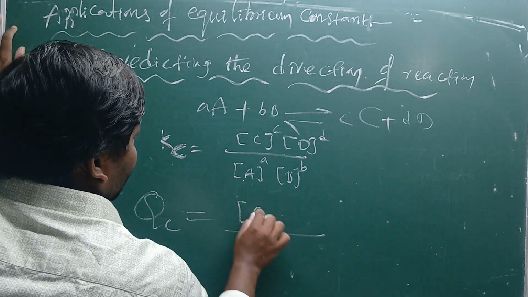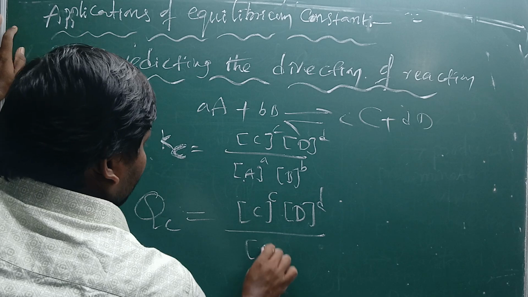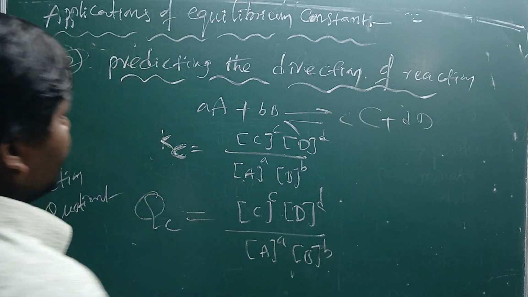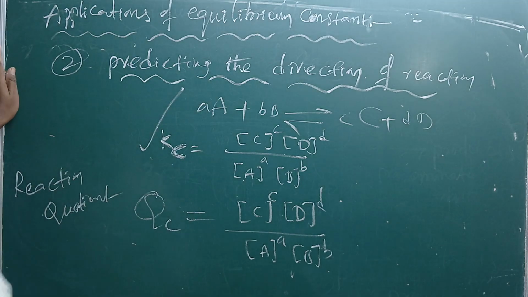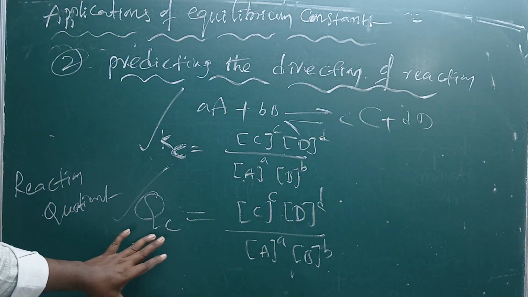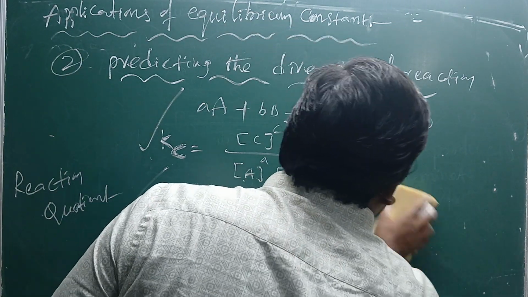It has the same form: C power c, D power d over A power a, B power b. But at equilibrium condition it is Kc; at each point of the reaction we can use the reaction quotient. The reaction quotient is useful in predicting the direction of reaction by comparing the values of Qc and Kc.